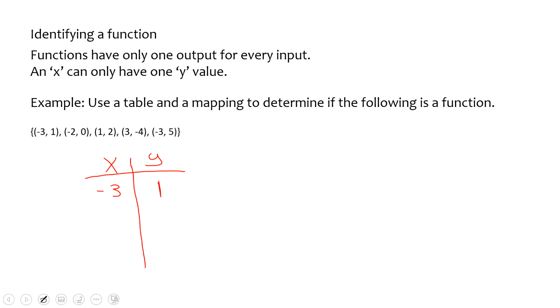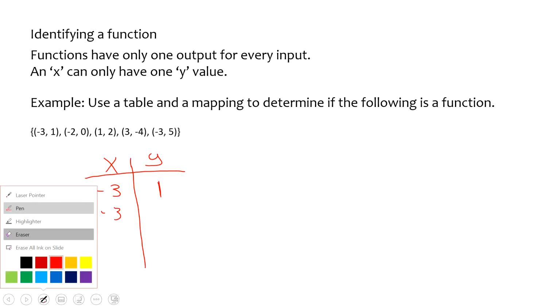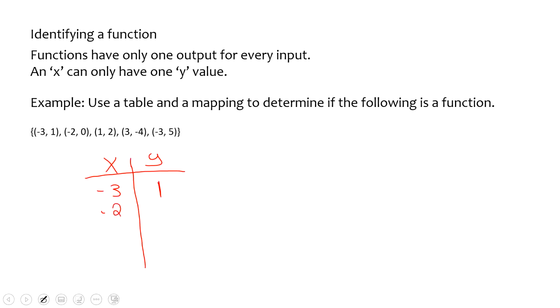So that's the first line on my table. Go to the next one, -2, whoops, that should be -2 and then 0. Then I have a 1 and a 2. I have a 3 and a -4. And then I have -3 again and a 5.